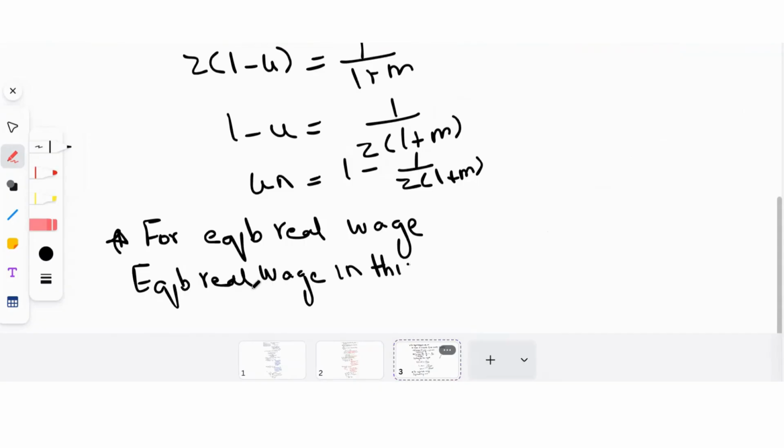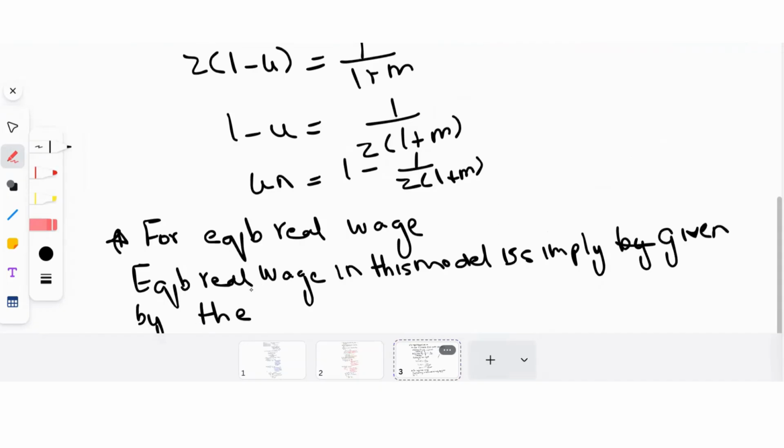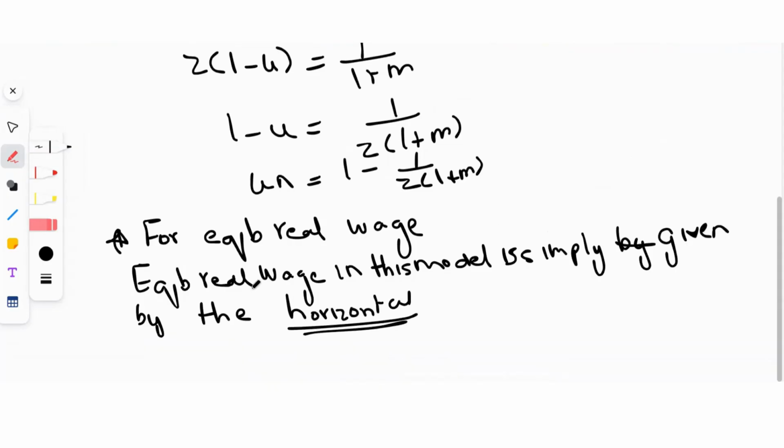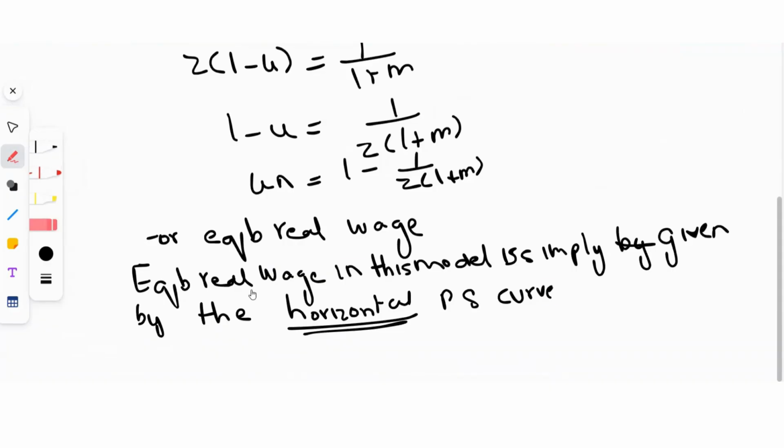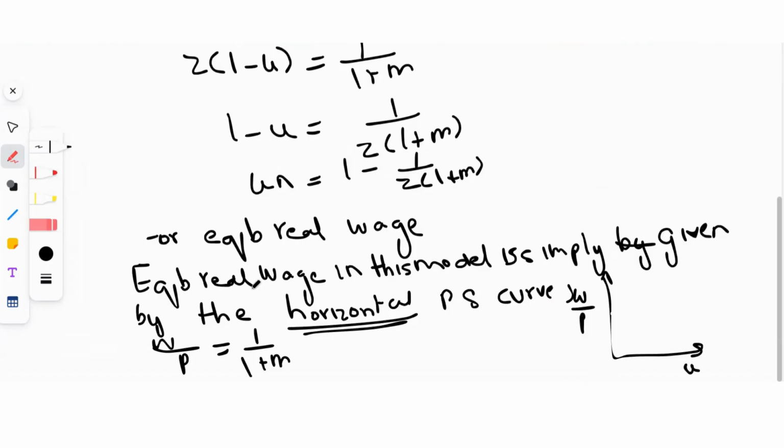The equilibrium real wage in this model is simply given by the horizontal PS curve. Again, the key is that the PS curve is horizontal. So for the equilibrium real wage, we have W by P equals 1 by 1 plus N. See, we saw over here, on the vertical axis W by P, here we have U. So this is our PS and this is our WS.